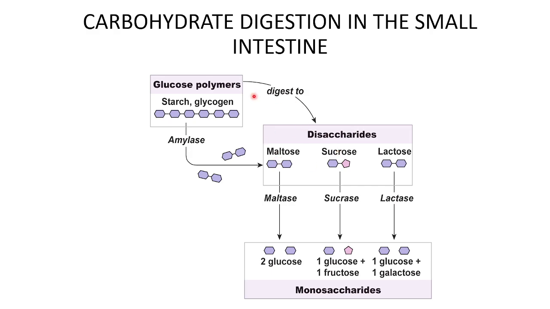So pancreatic amylase digests only down to disaccharides. It cannot break disaccharides. Disaccharides are broken down on the brush border to form monosaccharides, the absorbable forms. So we need these three enzymes to be present and functional on the brush border.